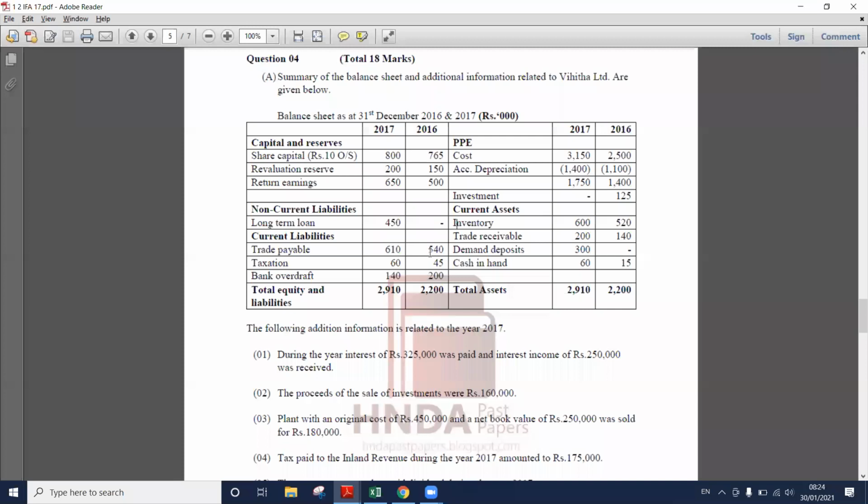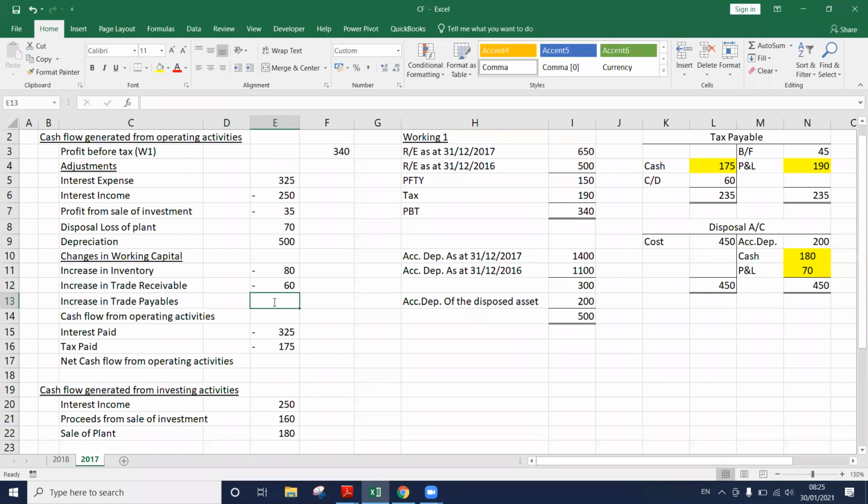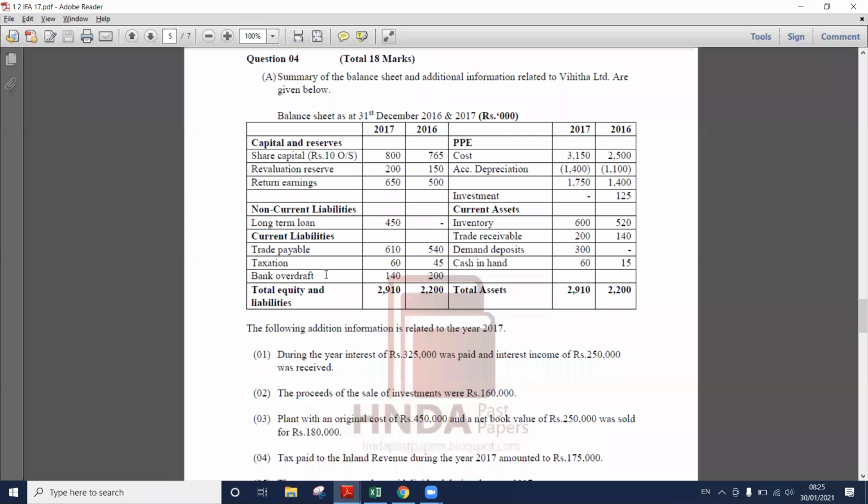Trade payables has been increased by 70. Increase in trade payables. Trade payable කියලා කියන්නේ liability එකක්. කියන liability එකක් වැඩි වෙද්දී liabilities එකම relationship එකක්ද? Positive relationship. වැඩි වෙද්දී එන cash inflow එකක් එකතු වෙන්න ඕන. 70. Right? Tax, bank OD, right? Those stuff we are not going to consider.